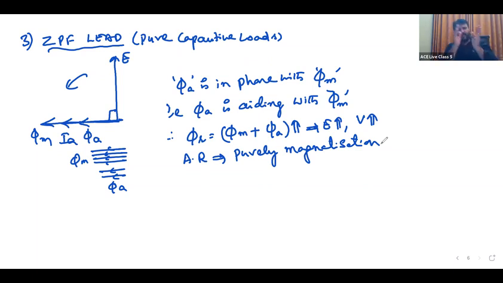In the case of examination, a 300 kVA alternator supplying to the load, say 0.8 lagging power factor or ZPF lagging, ZPF leading. So in which case is field current less? Field current is less for capacitive loads.